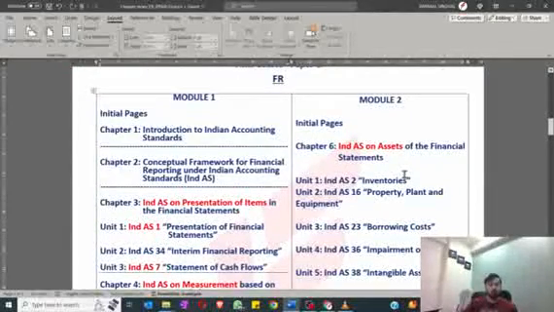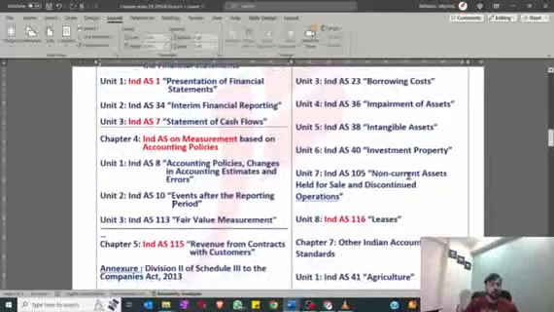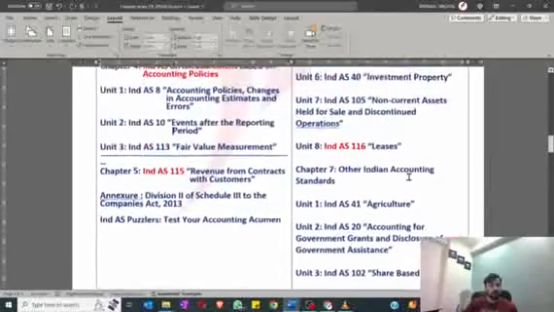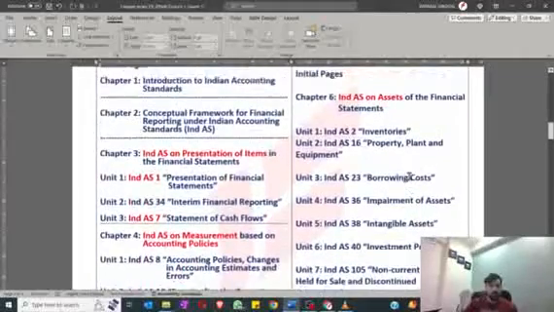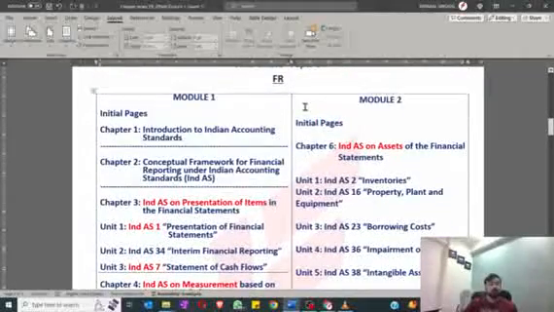There is Module 1, which consists of 5 chapters. First chapter is on Introduction to Indian Accounting Standards. Second chapter talks about the conceptual framework for financial reporting under Indian Accounting Standards.